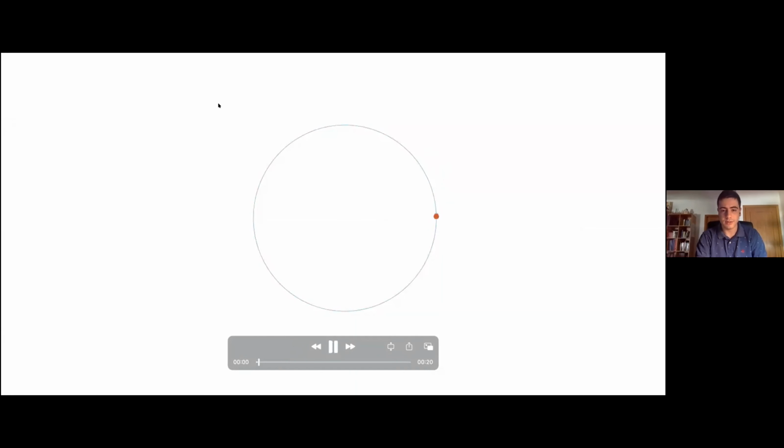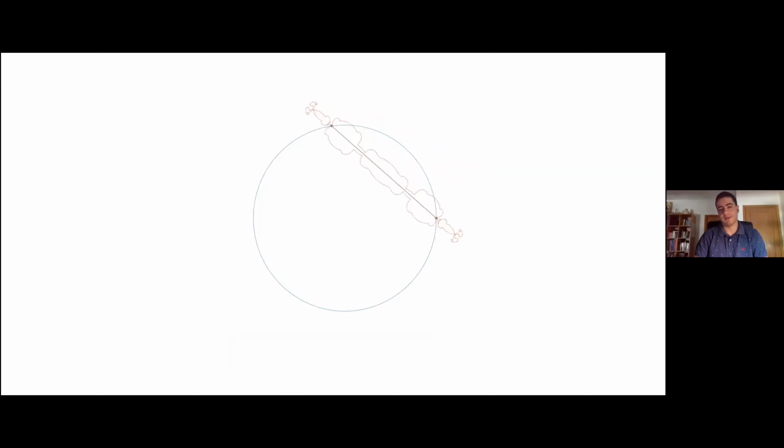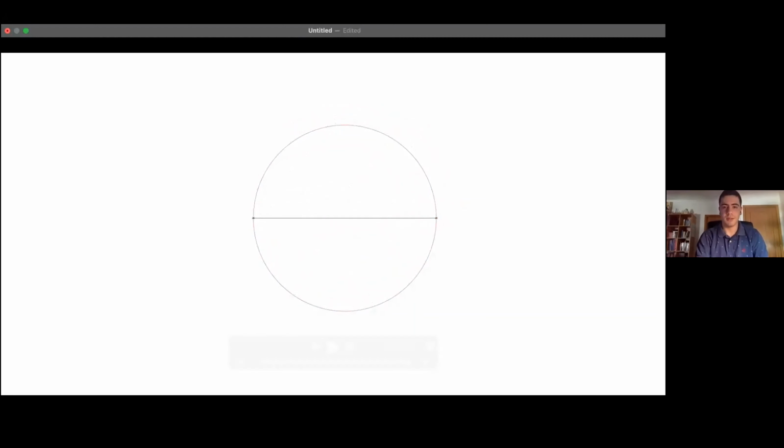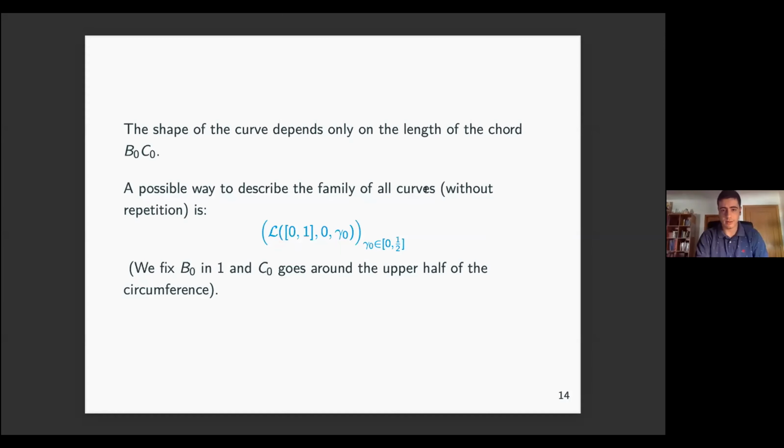I hope everyone can see it. There it is. One of the points is fixed, and the other one is going around just the upper half of the circumference, and we can see all of the curves that can be obtained. And back to the presentation.